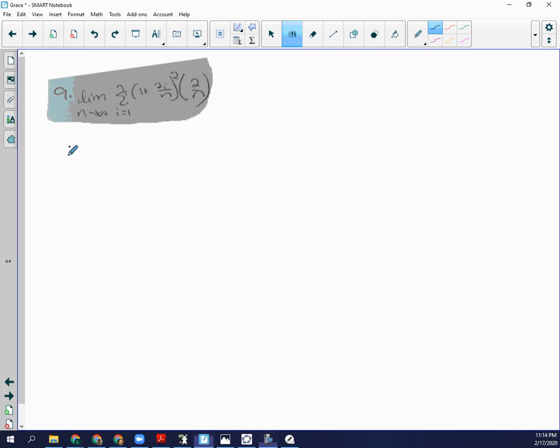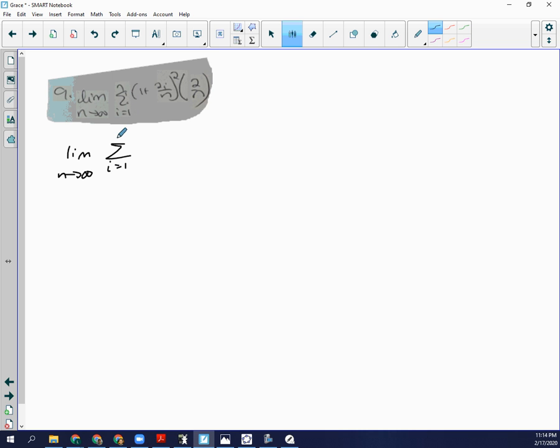Okay. The limit as n approaches infinity of, I'm going to do it somewhat differently, just to get a taste. I'm going to leave the 2 over n inside there.